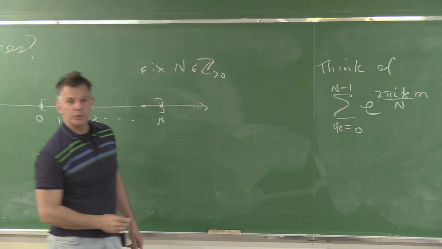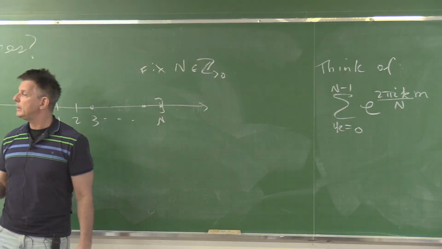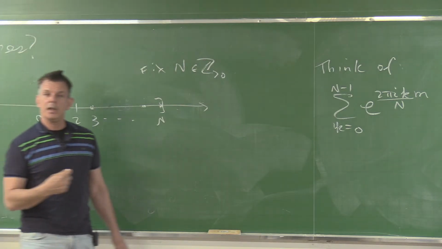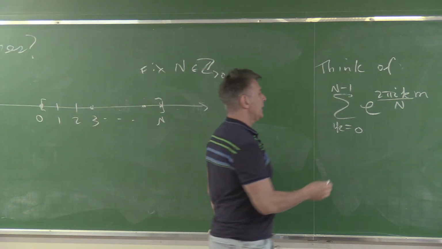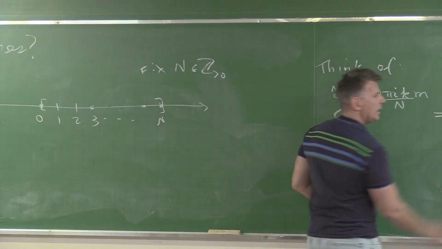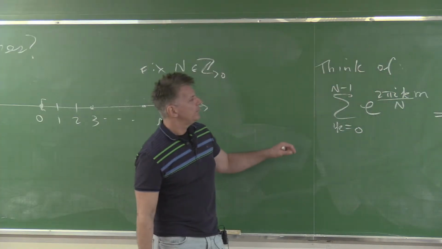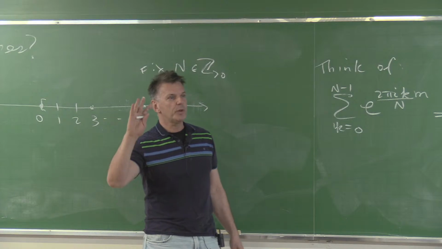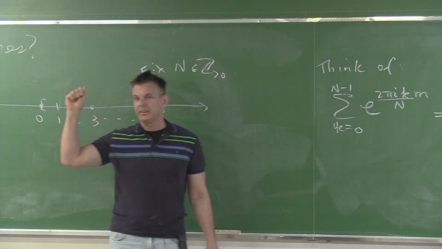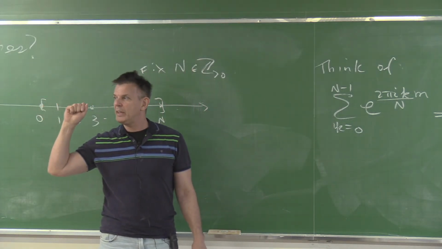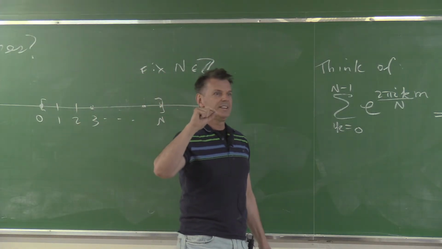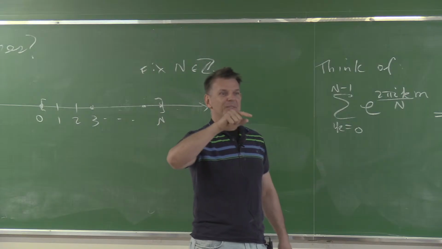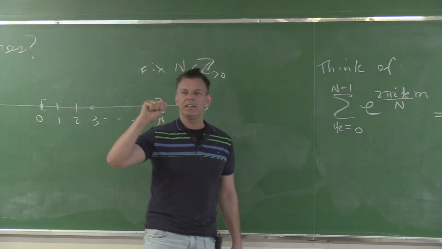If you think of doing this, summing the complex exponentials, and again, this is any first-year undergraduate. Does anybody know a nice closed form for this? How do we sum this in a very quick way? I know you know, but how do you sum this very quickly?